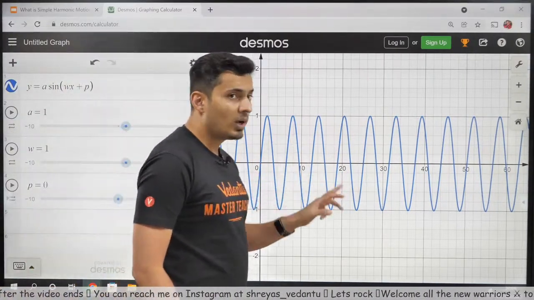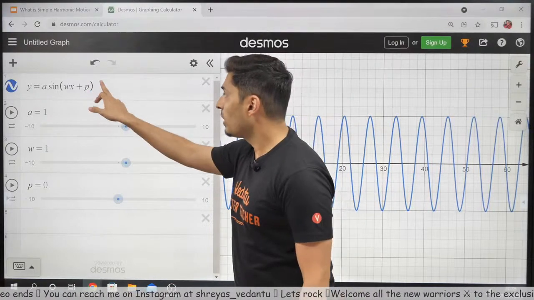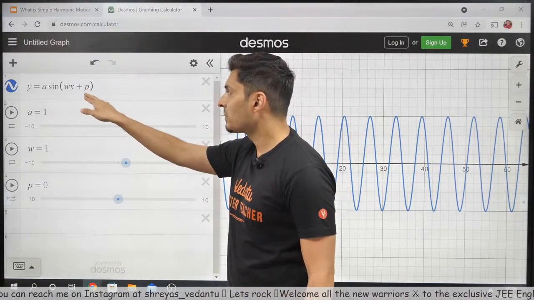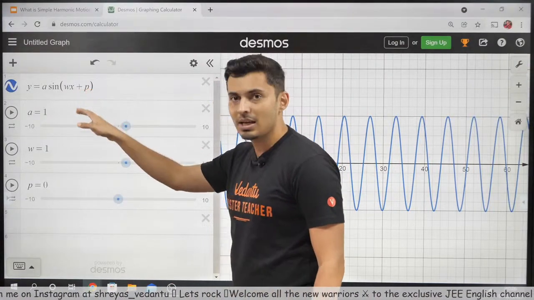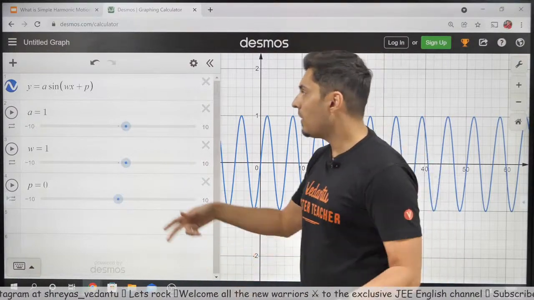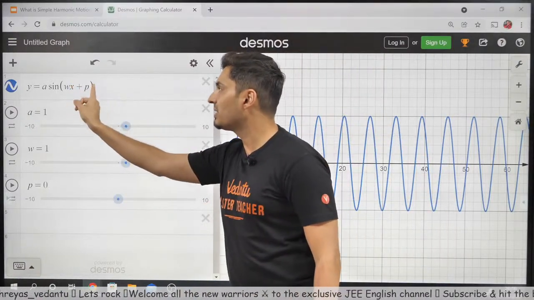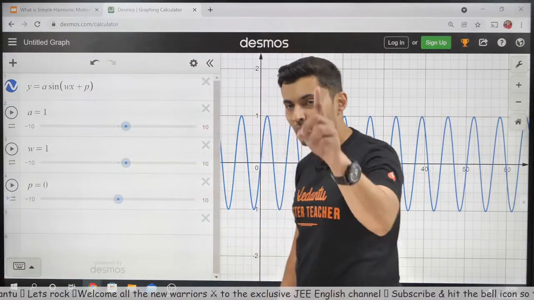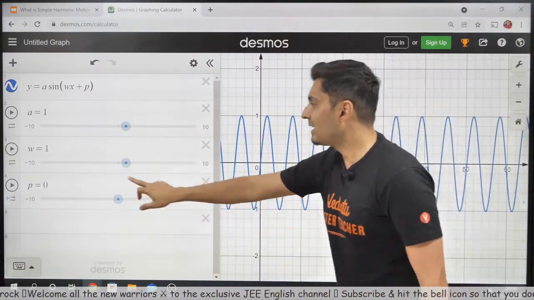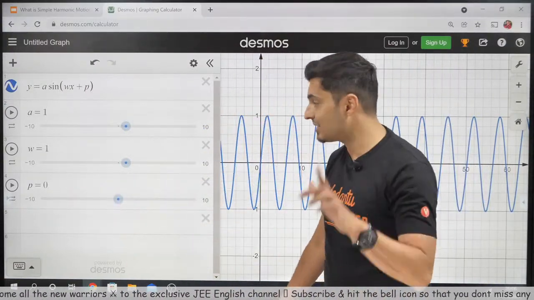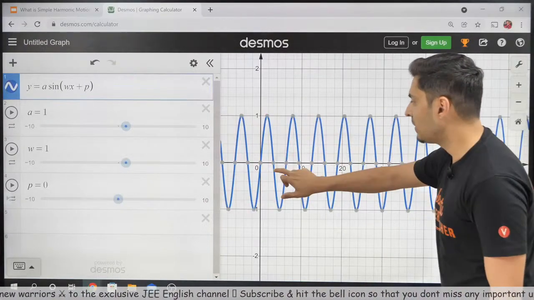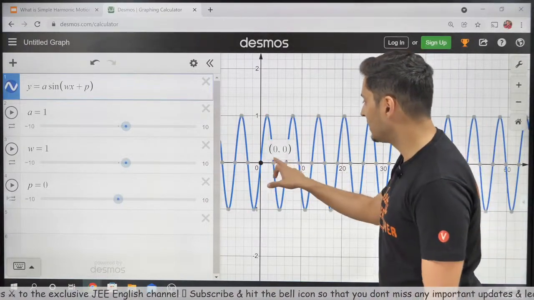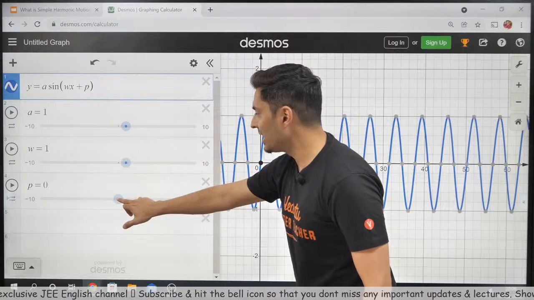Now, if you look at the graph, see what should happen when you change this P. If you change this P, then you are adding or subtracting something from this inside term. Right now, this P, which is phi, is 0. I'm just going to increase this.